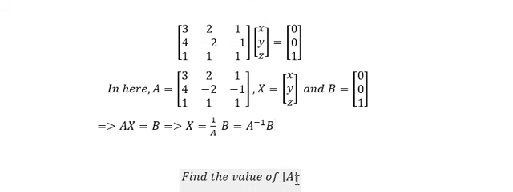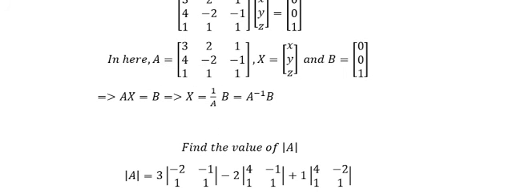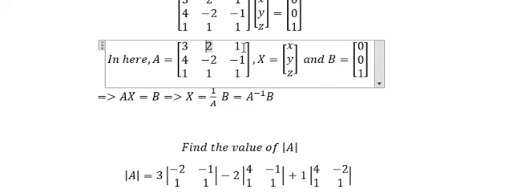First we need to find the value of the determinant of matrix A. In matrix A we have number 3, number 2, and number 1. From left to right we have positive, negative, and positive: positive number 3, minus 2, and positive number 1.